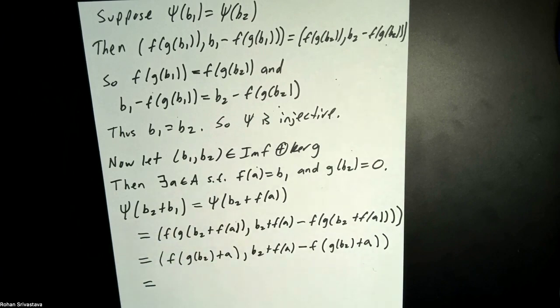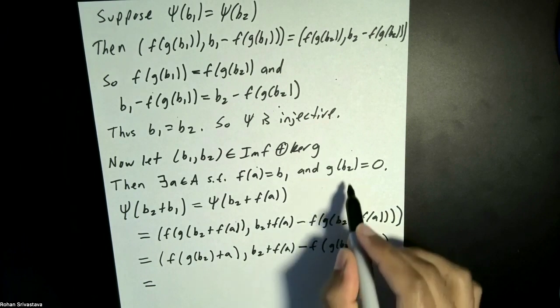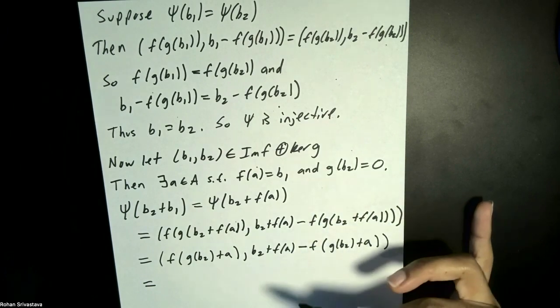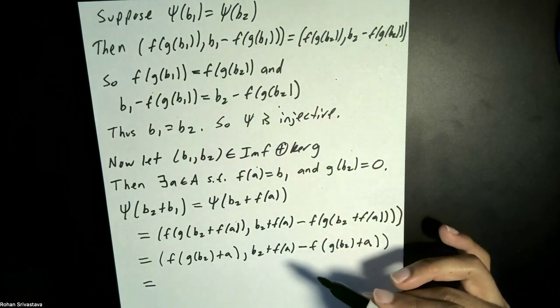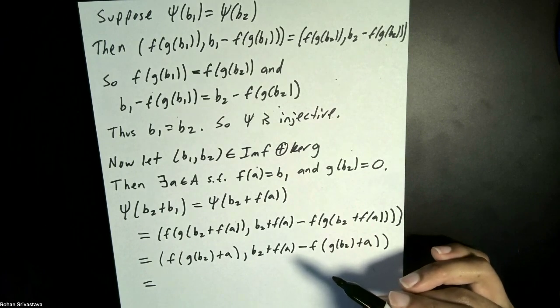Okay, and g of B2 is 0, and f is an R-module homomorphism, so it's going to send 0 to 0.